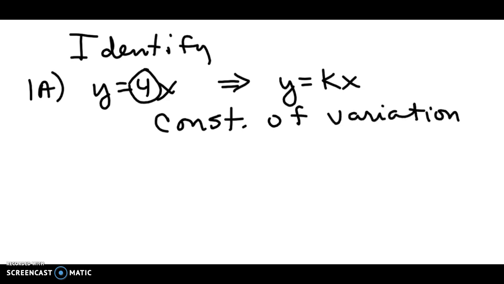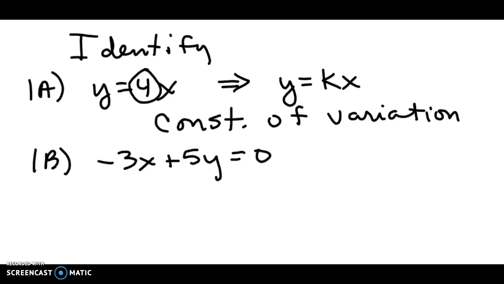If we look at example 1b, we see this equation, negative 3x plus 5y equals 0. What we want to do with this equation is see if we can get it into this form. So we start by solving for y.